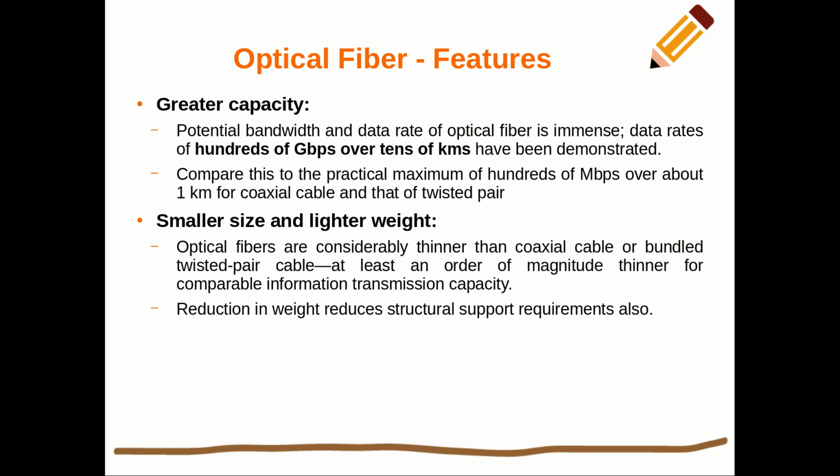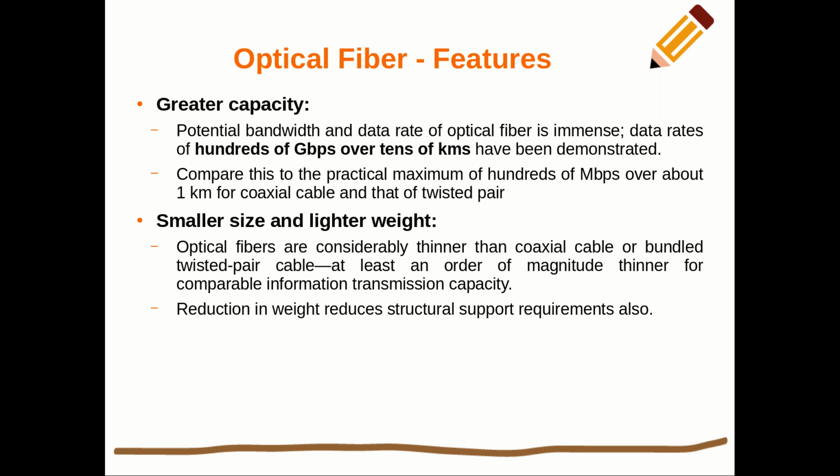The second advantage is smaller size and lighter weight. Optical fibers are considerably thinner than coaxial cable or bundled twisted pair. The size is normally comparable with the size of a human hair. That means very small fibers are what we are using, at least an order of magnitude thinner for comparable information transmission capacity.